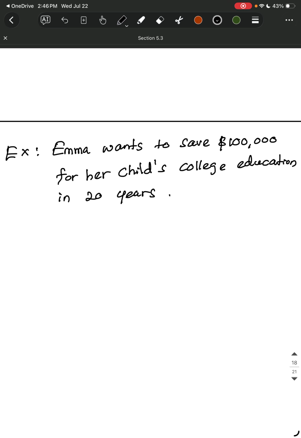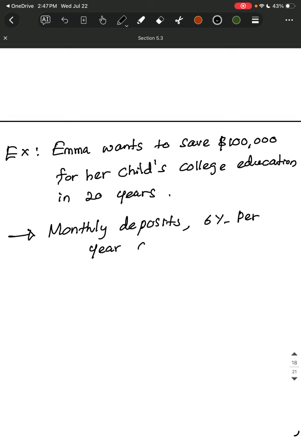She will make monthly deposits into an account earning 6% per year, compounded monthly. Find the required monthly deposit.